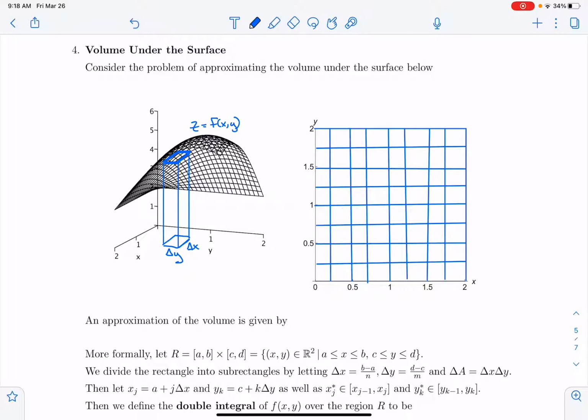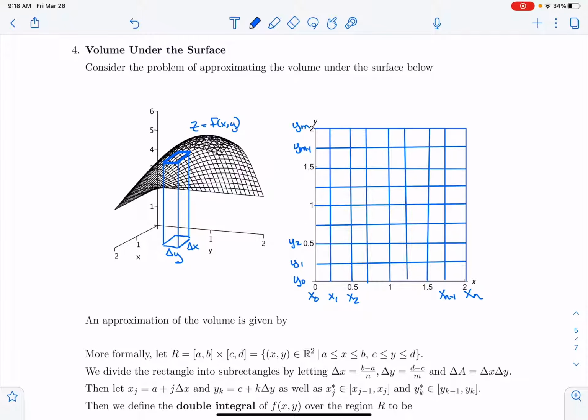So the points on these squares that define these squares I can label as x0, x1, x2, all the way down to x sub n minus 1 and x sub n. And then, of course, y0, y1, y2, all the way down to y sub m minus 1, y sub m.